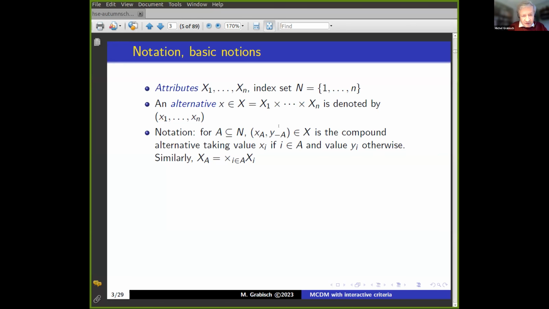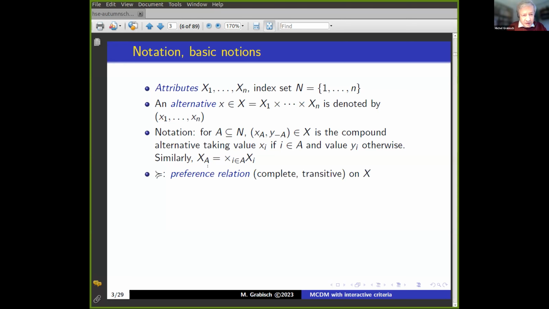So taking 2 alternatives, X and Y, I can split in 2 parts, taking X for the attributes in A and the alternative Y for all other attributes, those not in A.